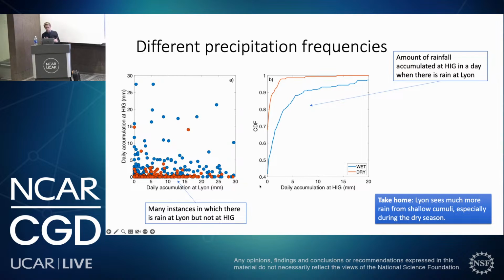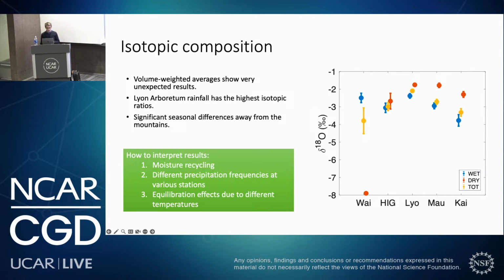campus. And because trade wind showers tend to be less depleted than other synoptic systems, the fact that it rains more towards the mountains could contribute to diluting the signal that we're observing. So these are two hypotheses. And a third hypothesis is that there could also be equilibration effects that are due to the fact that temperatures over the islands are obviously not equal.